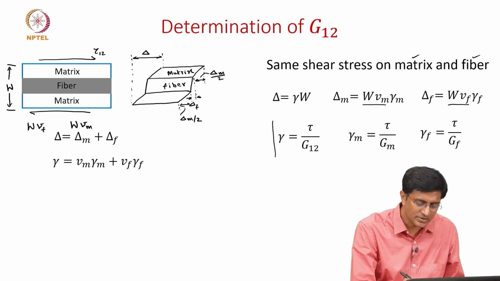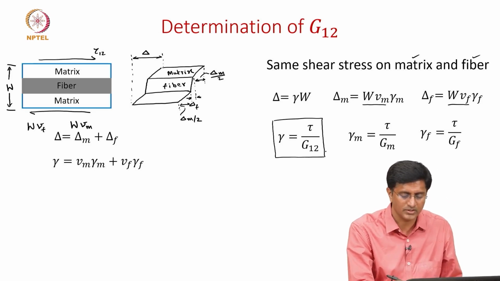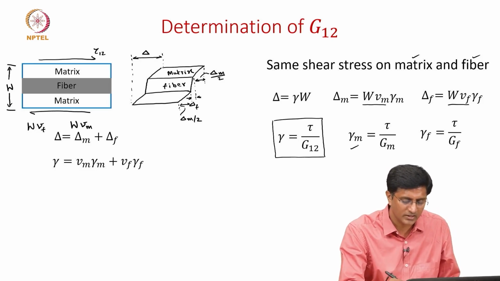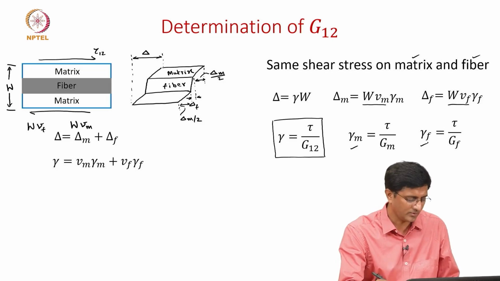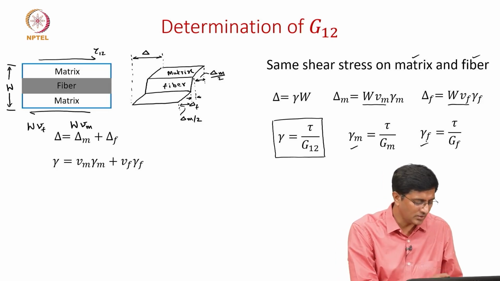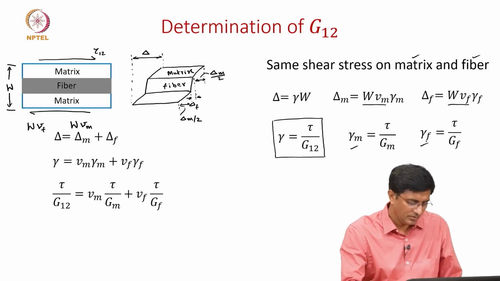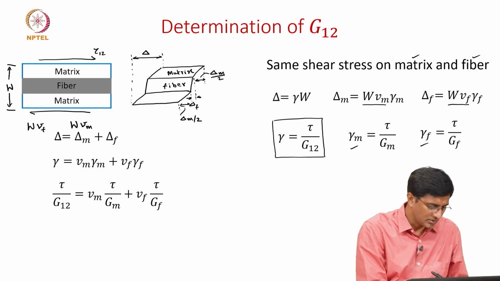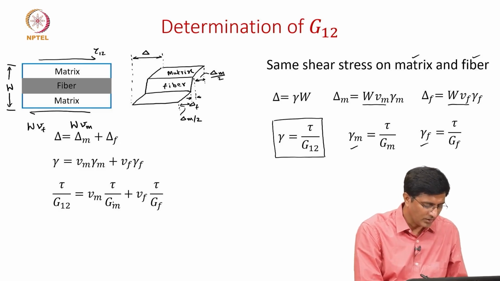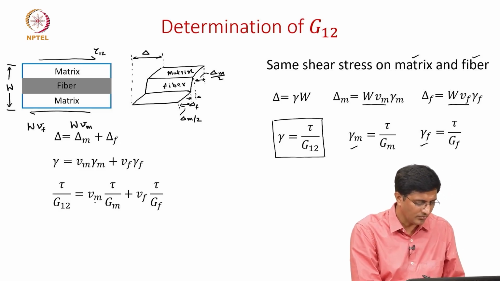We know that the shear strain is the ratio of the shear stress to the shear modulus. Similarly, we can write expressions for the shear strain in the matrix and in the fiber. Once we plug these equations into this expression, we get tau by G12 written in terms of the same ratio times the volume fractions.